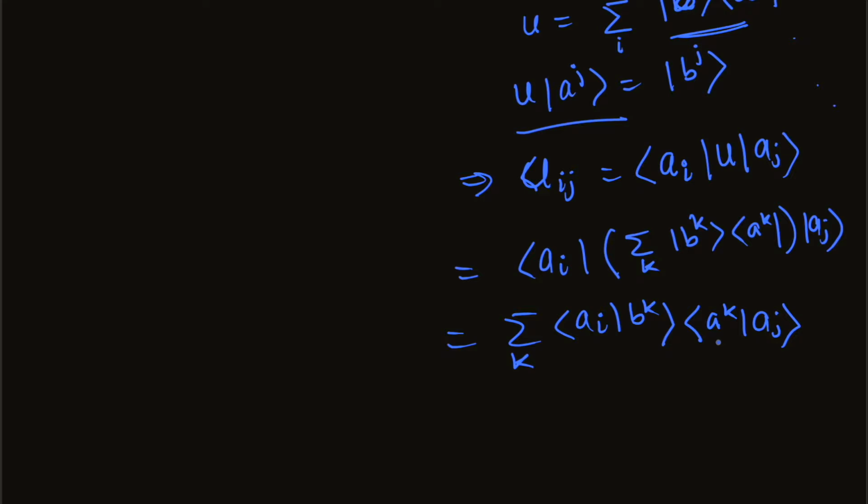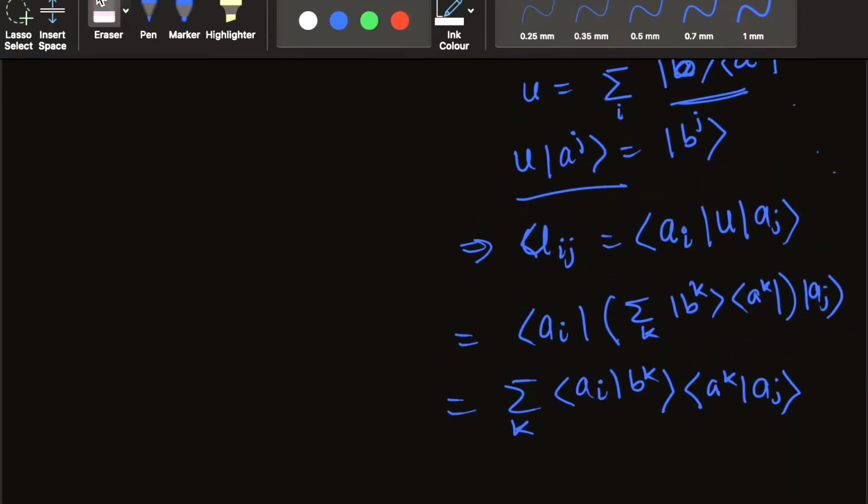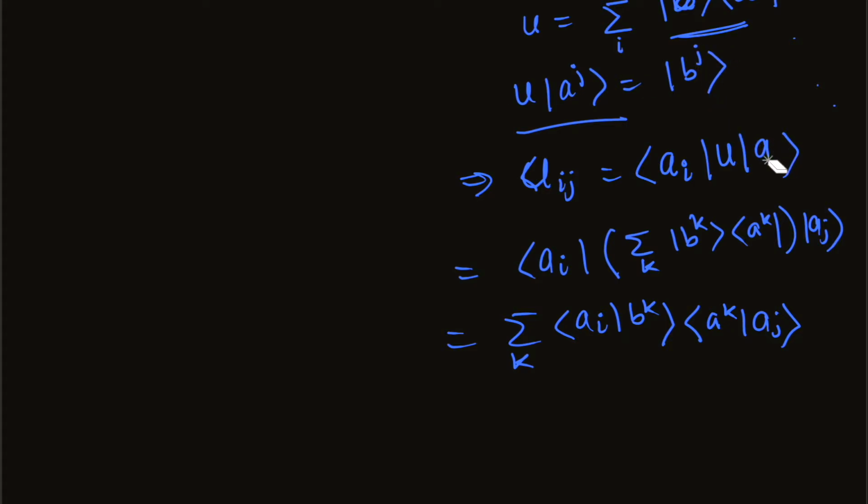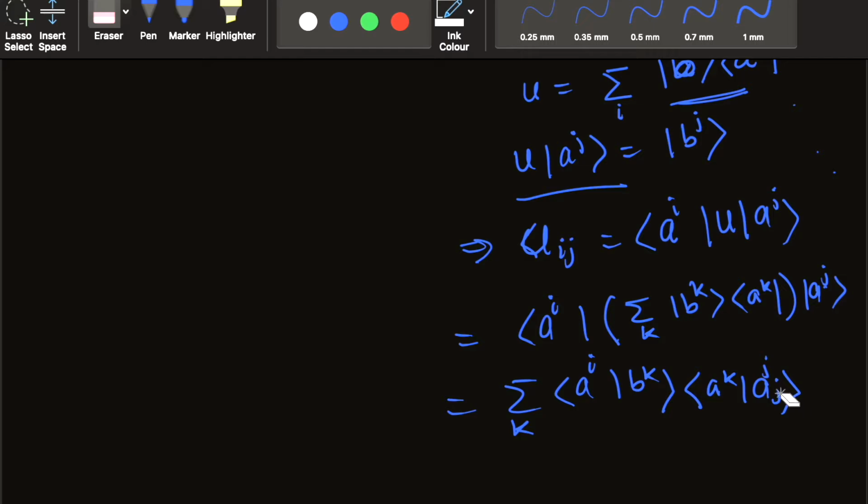From the orthonormality relation we know that this is actually, sorry, here there is a clash of notations, so let me rightly notate it. This will be p_i, this i will be on the upper side, that means ⟨a_i|a_j⟩.